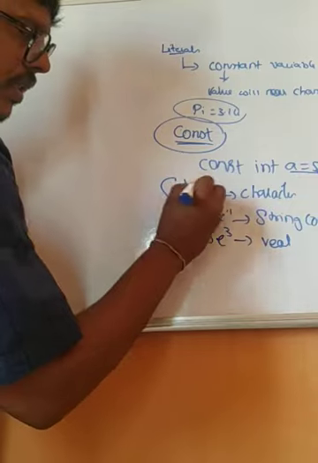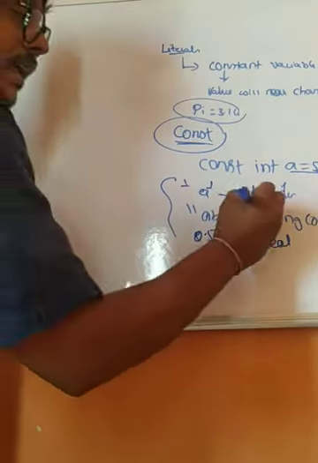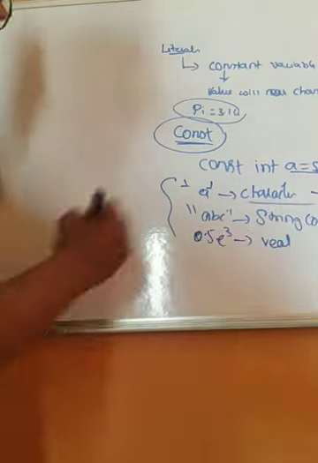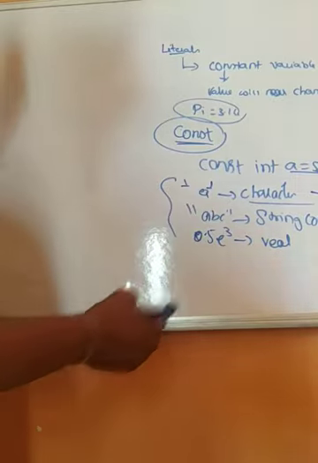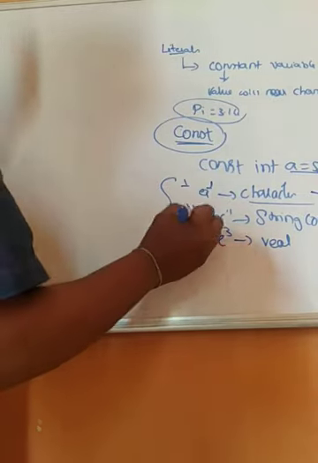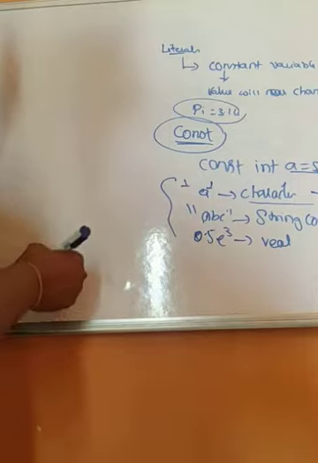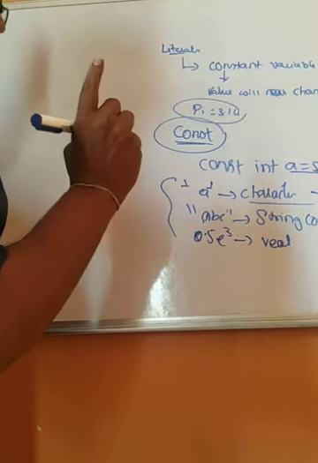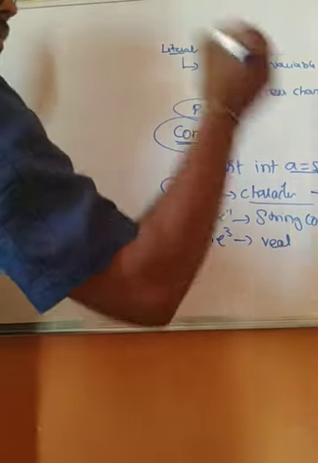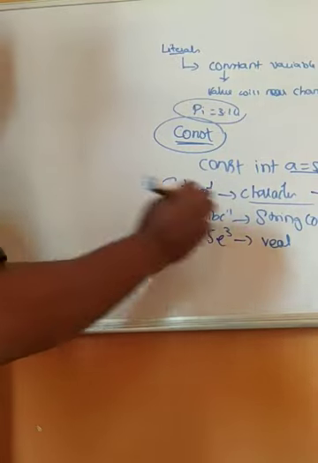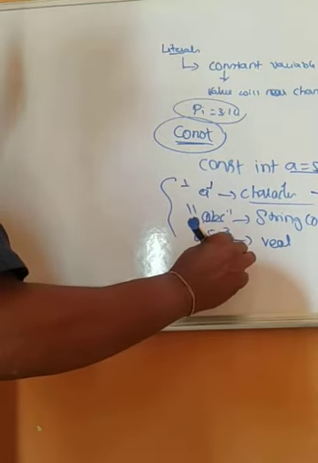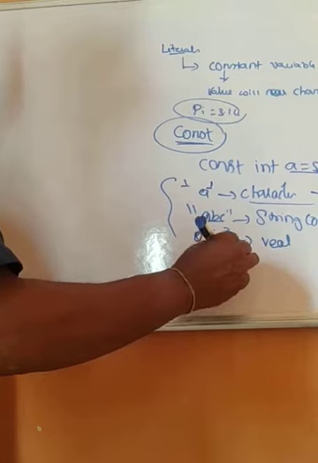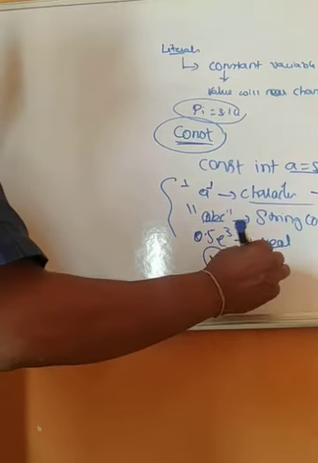Keep this in mind. Whatever I enclose in single quotes will be taken as a character constant, and its size is 1 byte. Whatever I include in double quotes will be a string constant. Each and every character will be taken as 1 byte, so in total 3 bytes will be occupied. Every string will end with a null value, which we call 0 or \0.